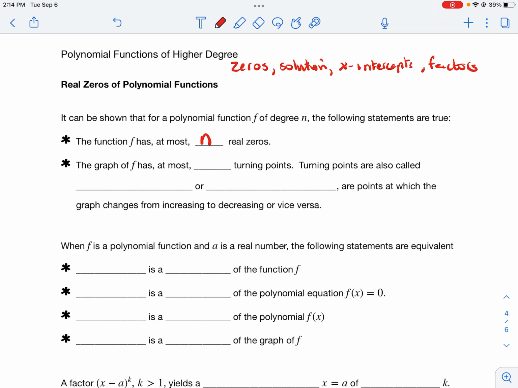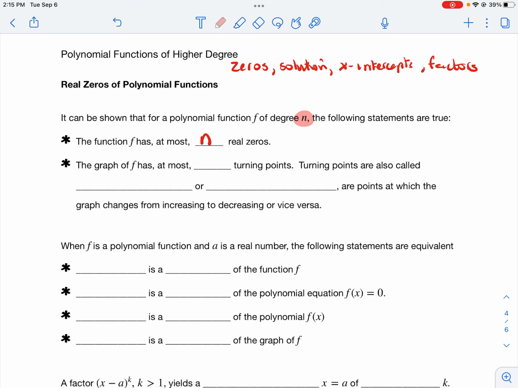If you have a polynomial of degree n, at most you're going to have n zeros. If I have a third degree polynomial, I could have at most 3 zeros. I could have less, but the maximum is 3.